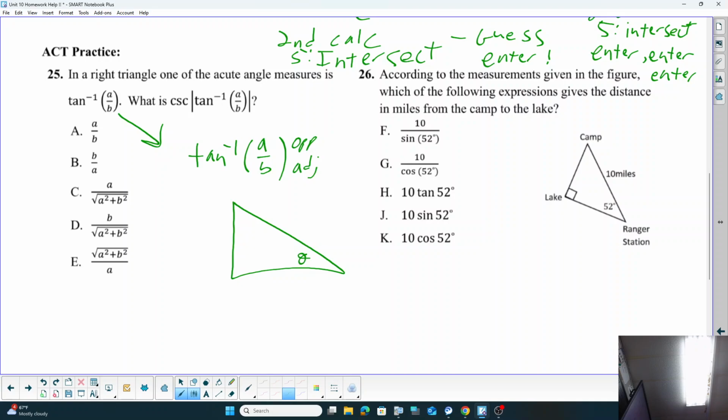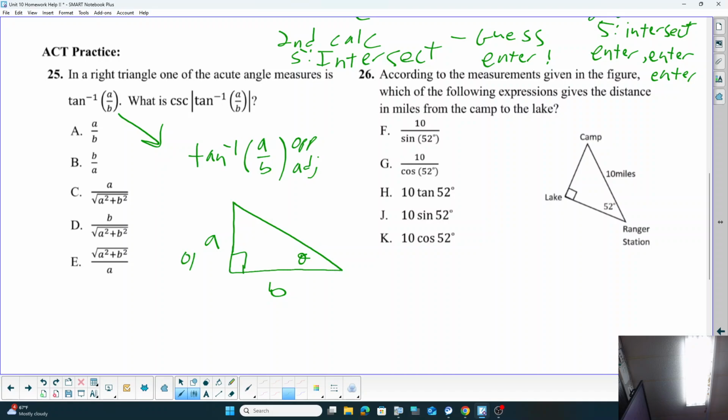Okay, so one of our acute angle measures, we'll say this guy, is inverse tangent of A over B. So that'll be A, which is opposite, and B, which will be adjacent.